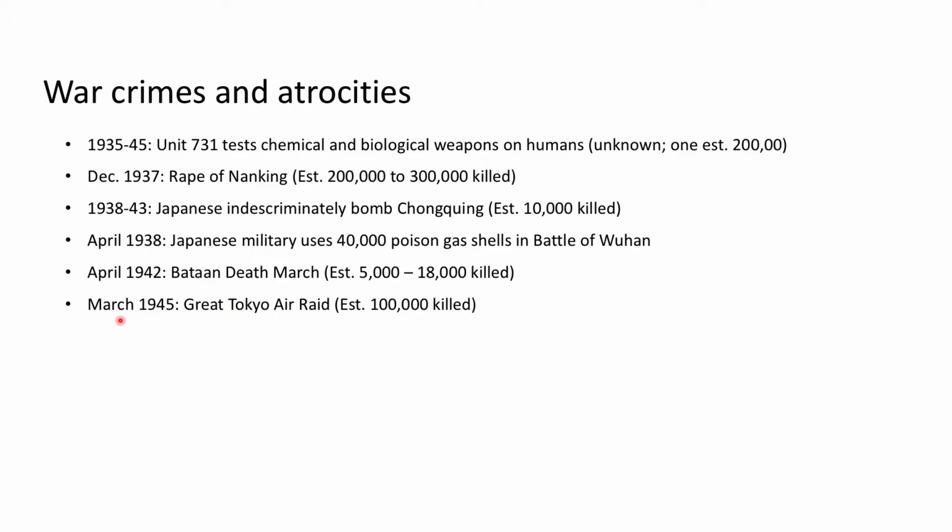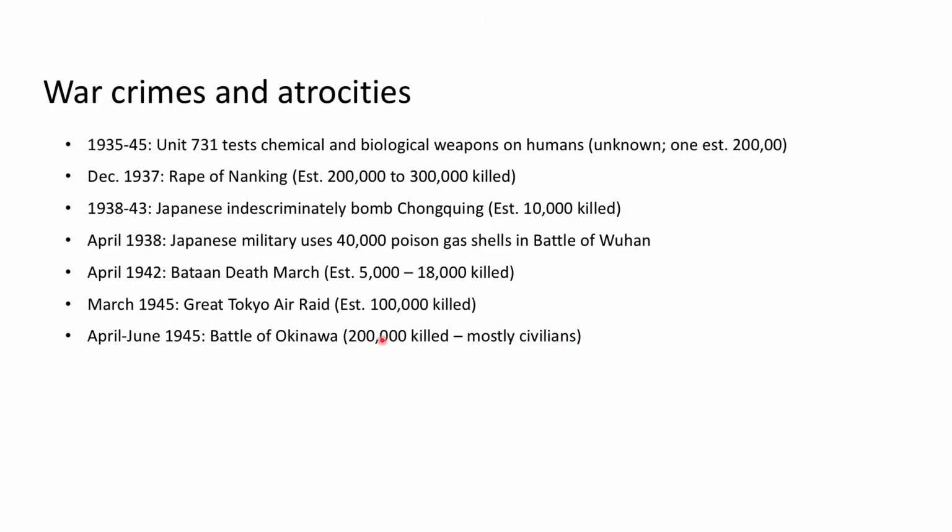And on March 10th, 1945, the U.S. launched one of the largest air raids against Tokyo, in which in just one night, in over 2 hours, it's estimated that over 100,000 people were killed. During the Battle of Okinawa between April and June 1945, 200,000 people, mostly Okinawan civilians, were killed.